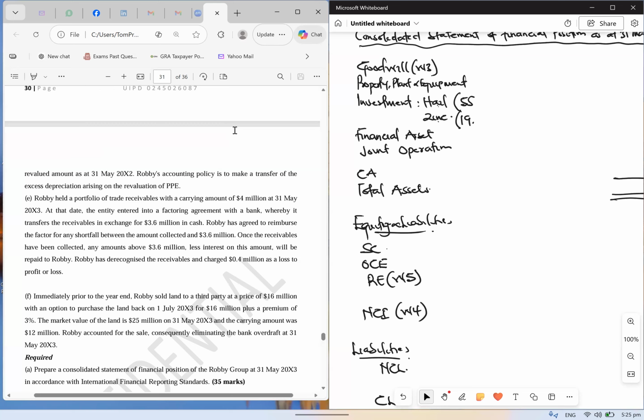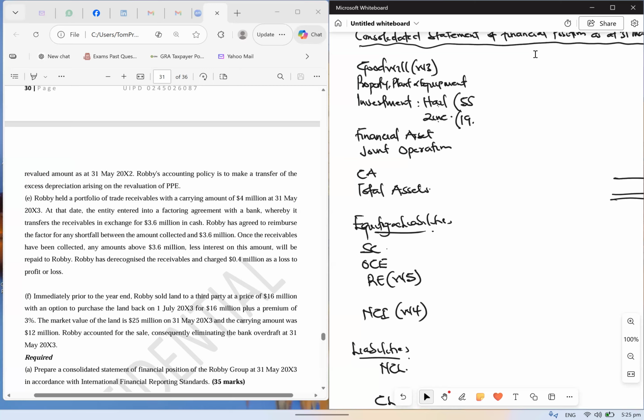So it tells you that when they did the revaluation, the depreciation changed, and so you'll be doing a transfer of that, all right? It will also affect your impairment. If there is any impairment, it will also affect it. All right, take note of that. We have done an example of this question in class before, something like this.